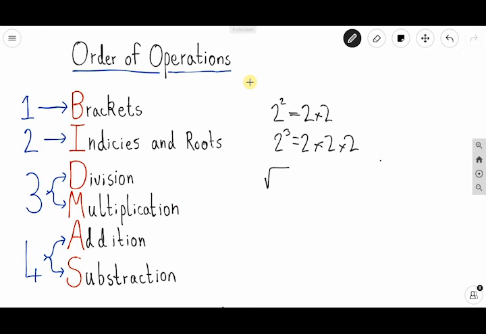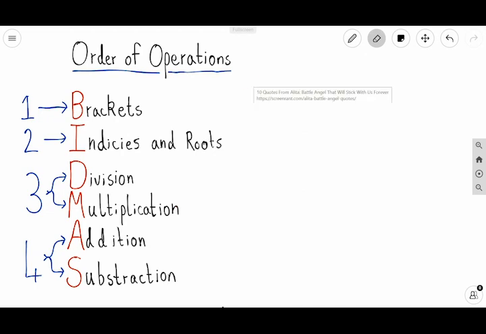So those are roots. Now, division and multiplication sit on the same level, even if they're two different operations. So when we get a problem with division and multiplication, we just do it left to right. It doesn't matter which one comes first.